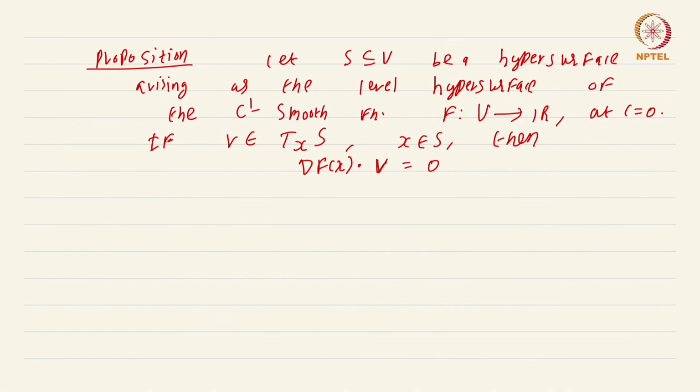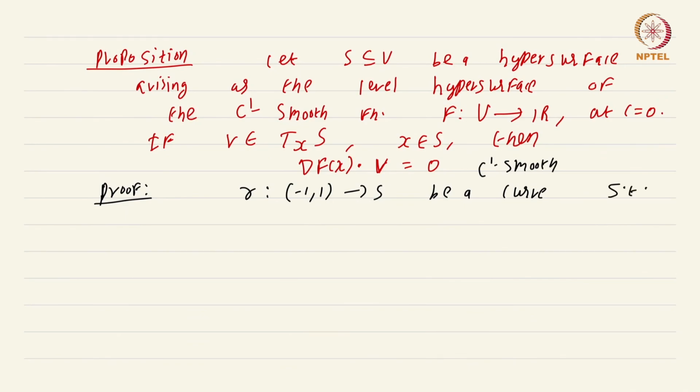So the proof. This looks very complicated, but the proof is even shorter than the statement. Let gamma from -1 to 1 to S be a C1 smooth curve such that gamma of 0 is equal to X. Then f composed with gamma is identically 0 because f is going to be 0 on S. S is nothing but the level hypersurface of f at 0.